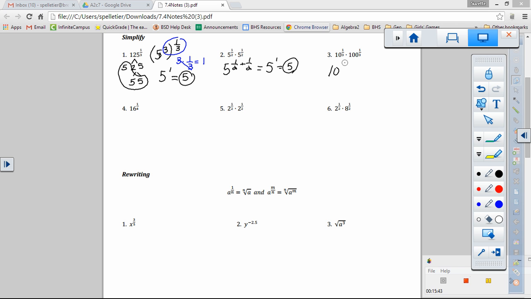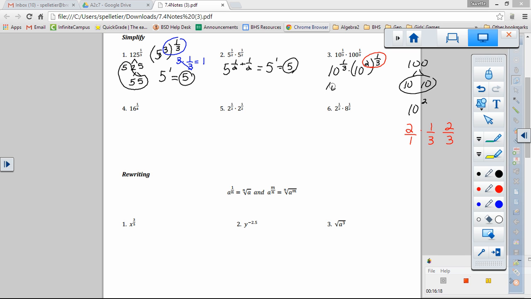So I'm going to say 10 to the 1/3 times, and I'm going to change 100 into 10 times 10, okay, or 10 squared. So over here I have 10 squared raised to the 1/3, okay? So I have to do some simplifying. I have to multiply exponents, so 2 times 1/3, multiply across the top and across the bottom, gives me 2/3.